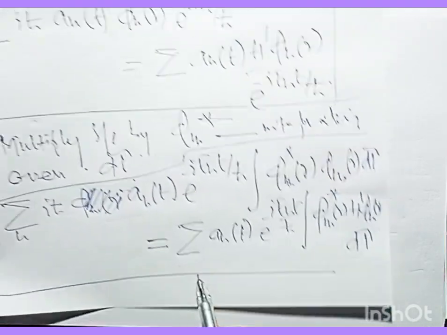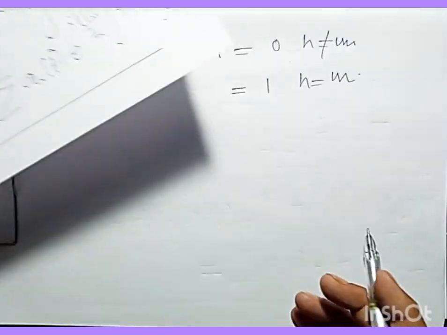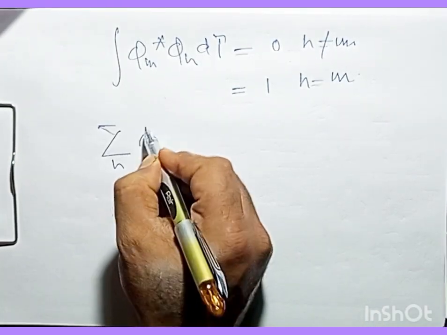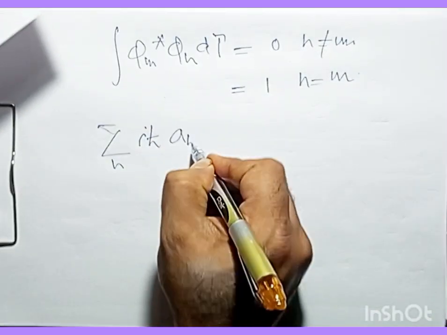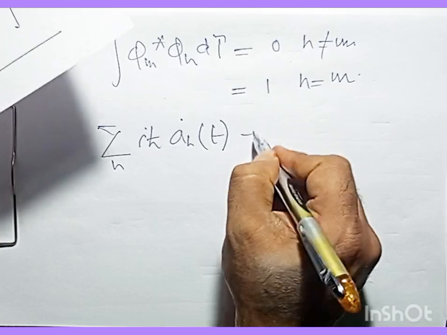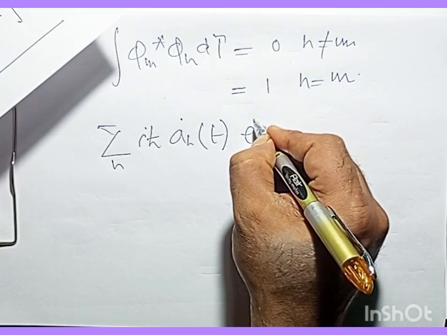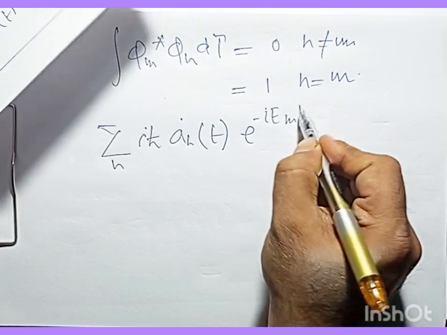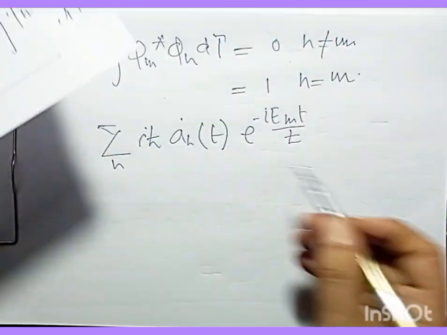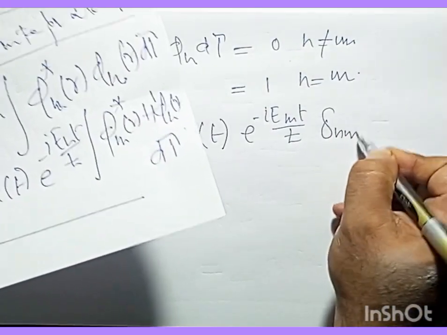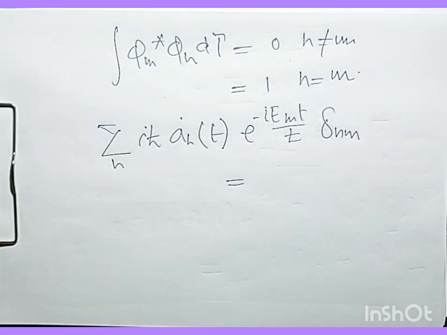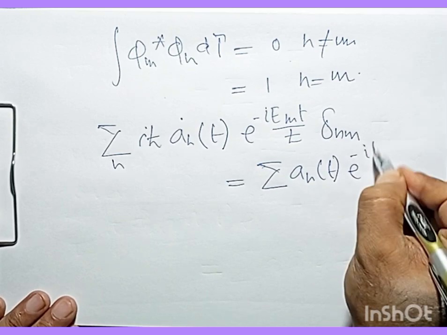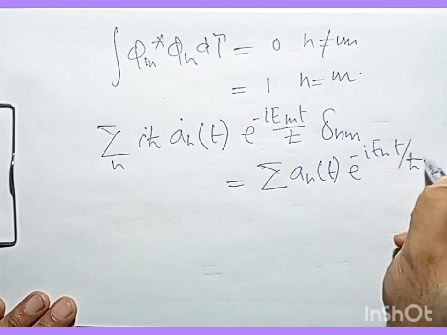So we can change the nomenclature here for the left-hand side, and using the condition of orthonormality we will write sigma n i h cross a n dot of t e to the power of minus iota E m t by h cross, and for the integral we'll just write delta n m, and this will be equal to sigma a n of t e to the power of minus iota E n t by h cross.